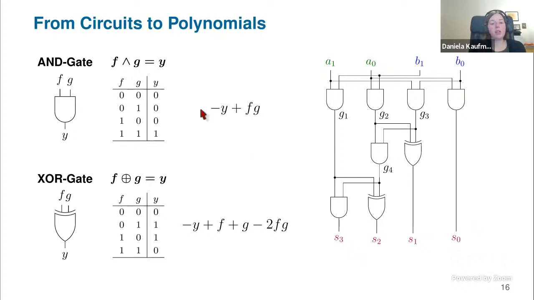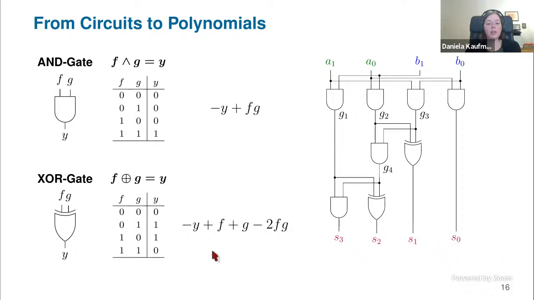For example, for this AND gate with inputs f and g and output y, we get the polynomial minus y plus f times g. If we plug in the possible combinations, we see that y is 1 if and only if f and g are 1, otherwise y is 0 if either f or g is 0.